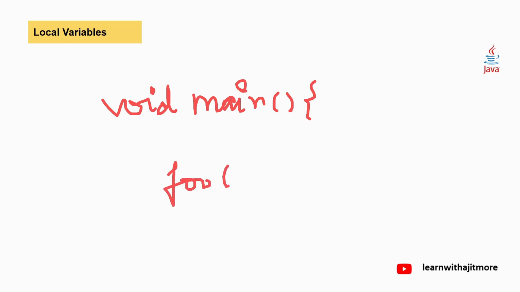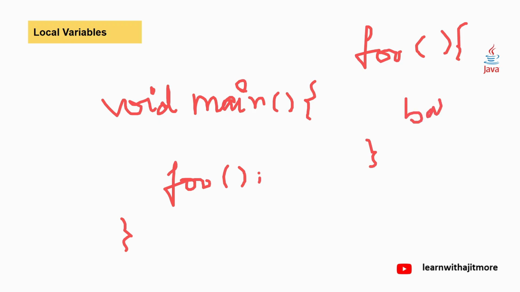Foo is a word which does not have any meaning. It is just a fun word, like in Marathi we have Bandya Pindya, which do not have any meaning. They are just fun words. Similarly, foo is there. And inside foo, there is a call to bar. And then we have bar somewhere.